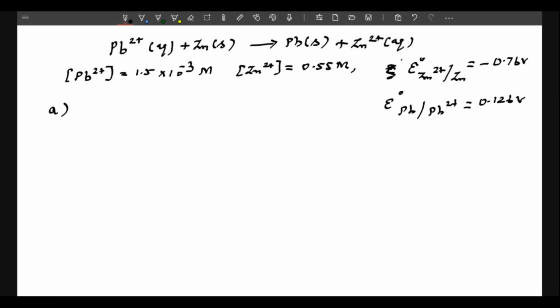Option A, 0.71 volt, and temperature is not given.